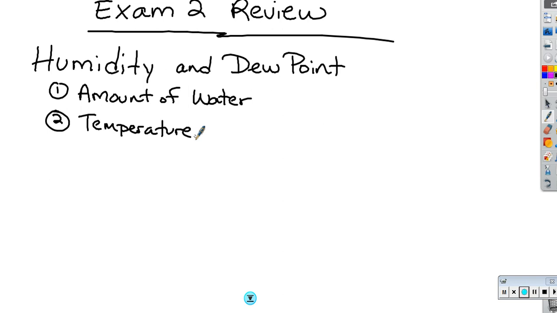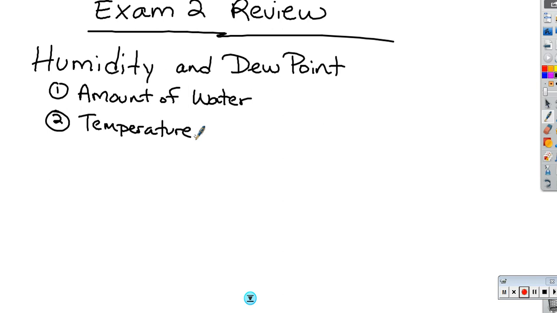But the air's capacity to hold water depends on the air temperature. If the temperature of the air is high, the air is able to hold more moisture. So the air expands, and you can think of there being more space available to fit water molecules. So the air's capacity to hold moisture increases with air temperature.